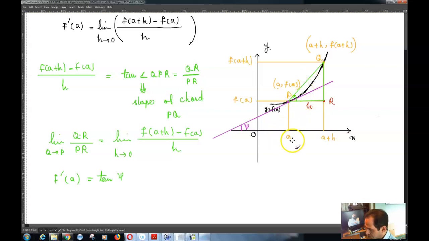So for example, for this input a, you have gotten tan psi. For another input, you will get tan of some other angle, and so on and so forth. And so when you put those points together, you will get a new function, which is simply the derivative of this function at every point in the domain of definition, wherever basically this limit is defined.